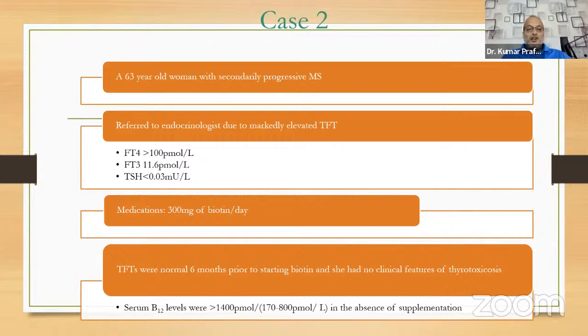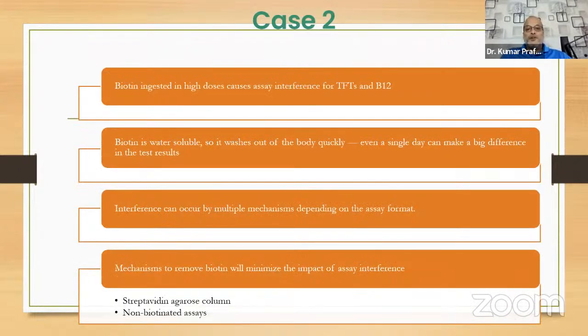The other finding was that her serum vitamin B12 level was also raised in the absence of supplementation. What is the explanation? Biotin ingested in high dose causes assay interference in thyroid function test and vitamin B12 level.